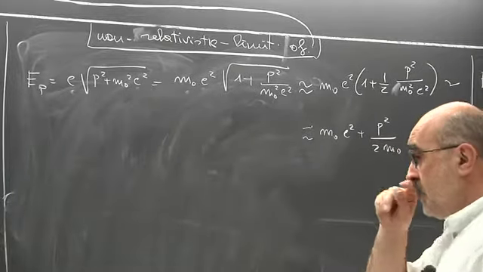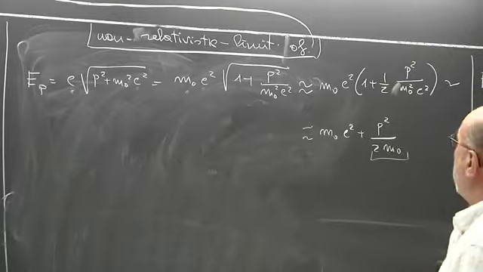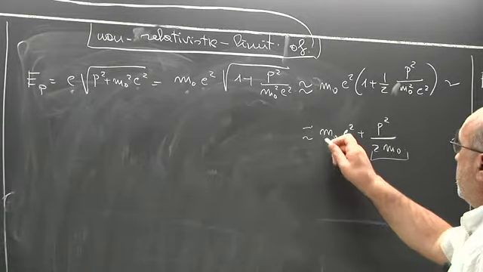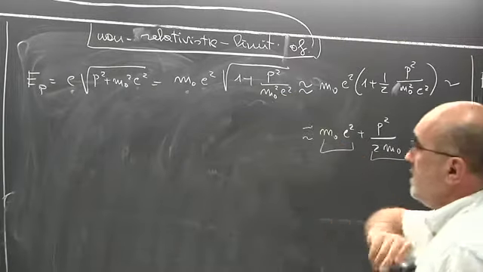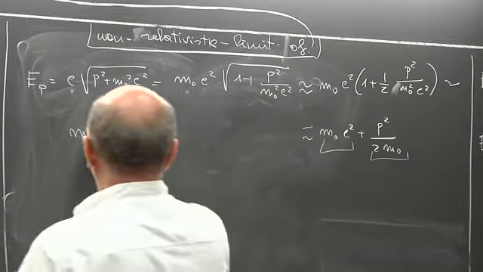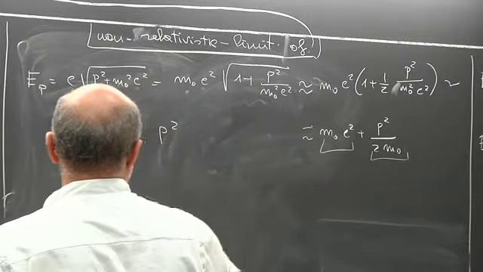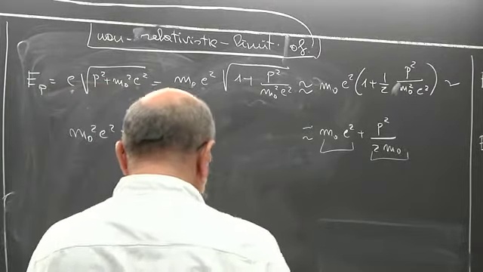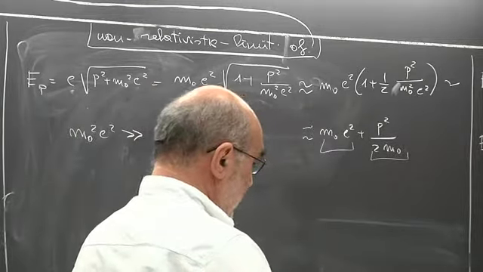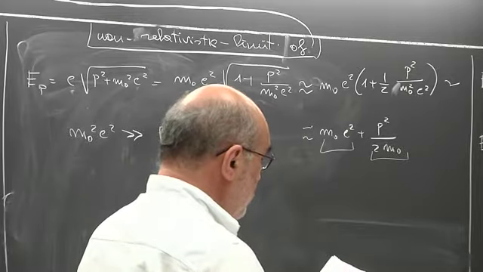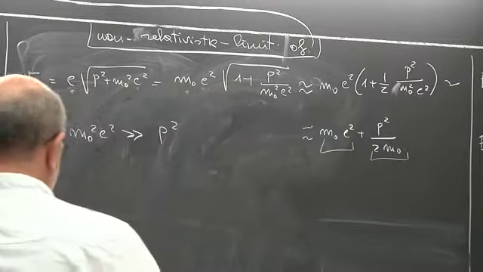That is the usual energy; there is the kinetic energy. So this is an approximation. And in which sense? We use the non-relativistic limit, which means m0 square c square is much bigger than p square, the kinetic energy. I don't care about factors of 2 and so on.